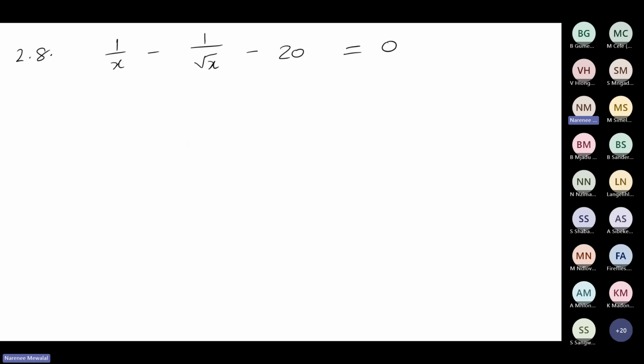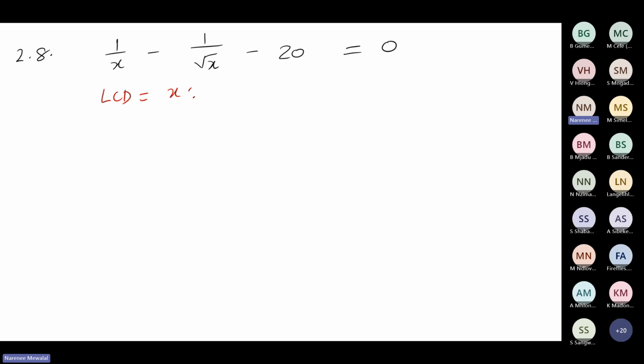Right, question 2.8, you've got 1 over x minus 1 over root x minus 20 is equal to 0. So the best way to do this here is you can make x the subject of the formula, and you can work from there. You can say your LCD is equal to x, right?